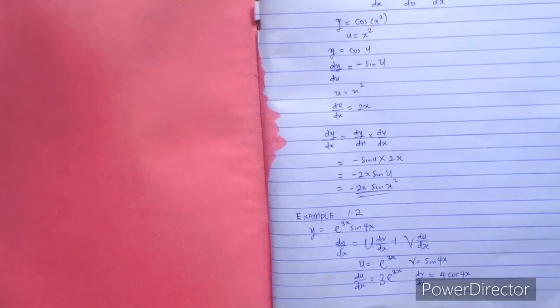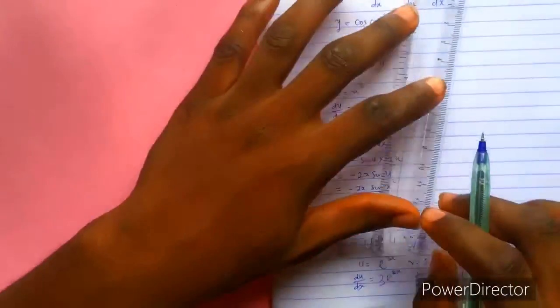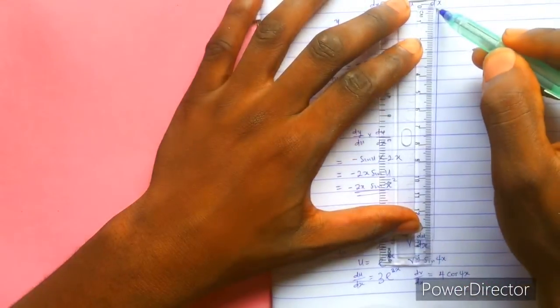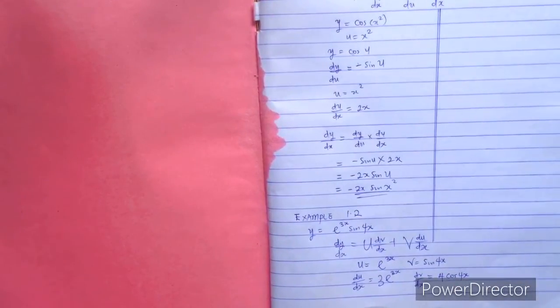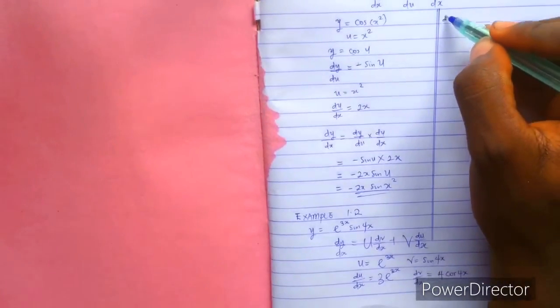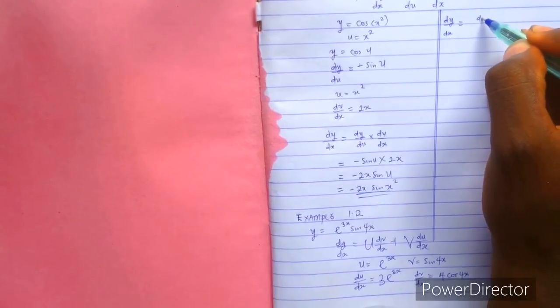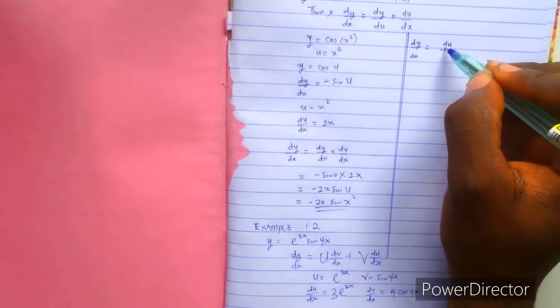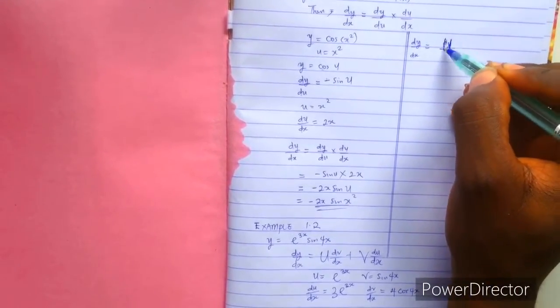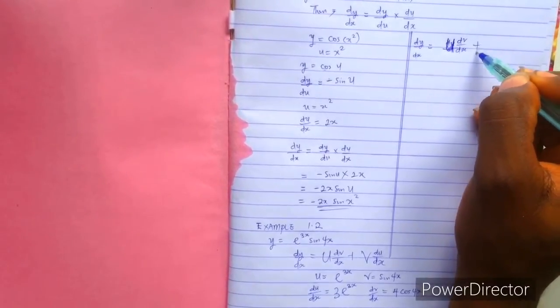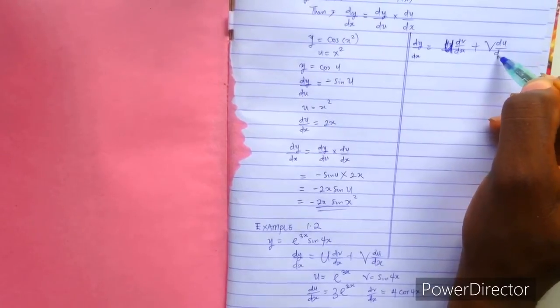Alright, so after that we say dy/dx equals u dv/dx plus v du/dx.